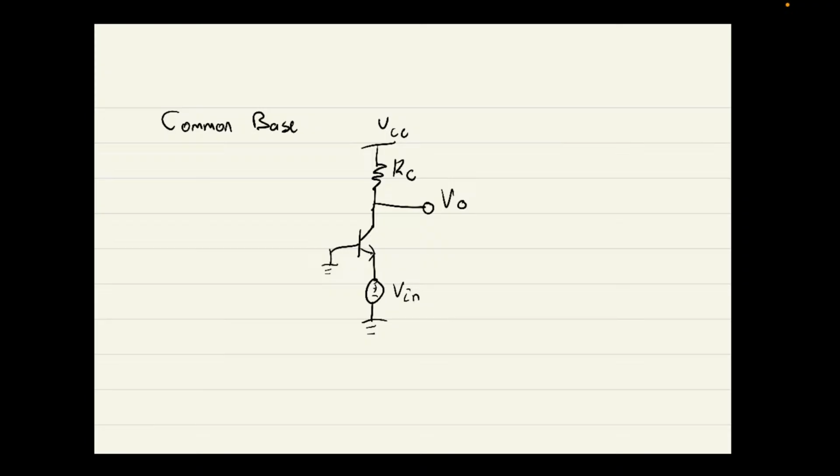Okay, so common base has a low input impedance, so it's pretty good in that regard. Pretty sure this has a unity current gain, about unity. Voltage gain is not unity, and we're going to derive that right now.